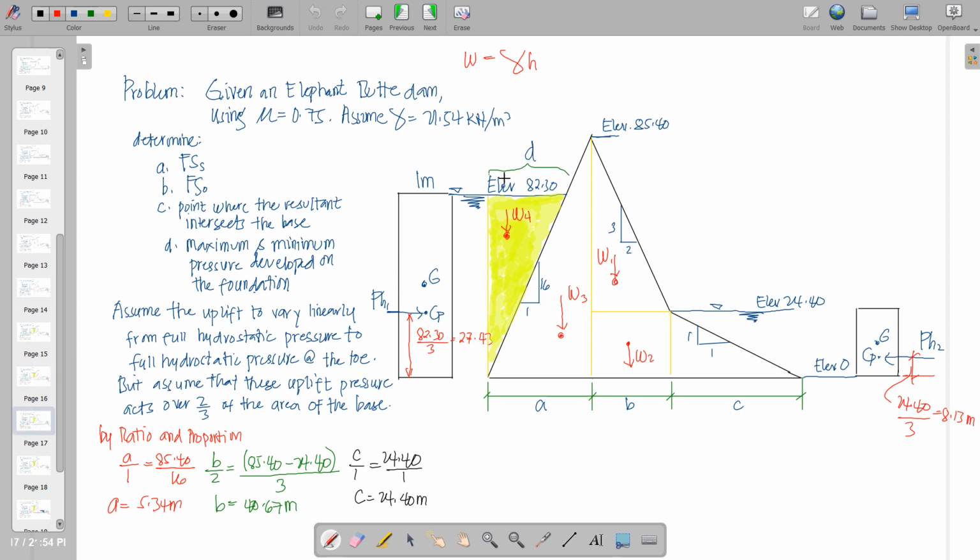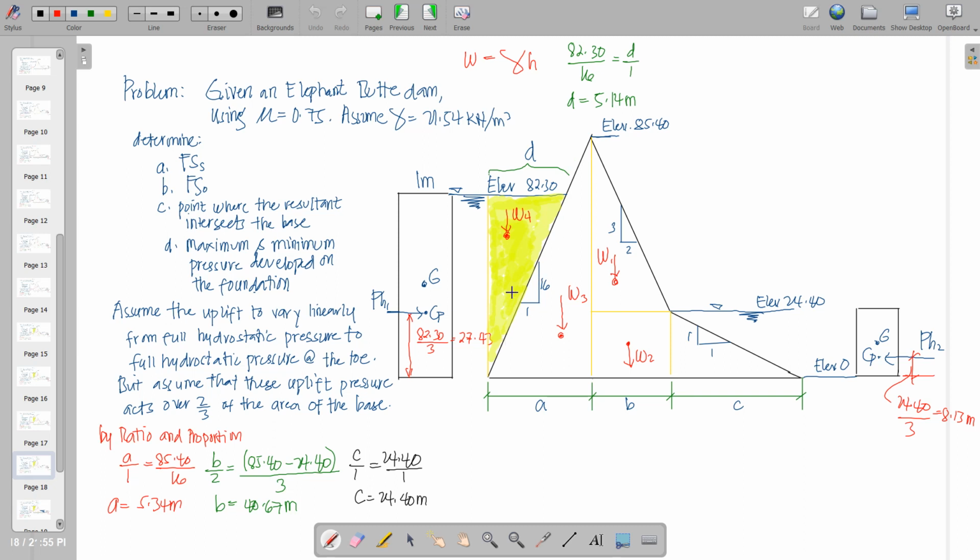And of course, we are concerned with this distance for volume calculation and the moment arm calculation later on. So we can compute that height by ratio and proportion of this triangle to the slope of this diagonal.